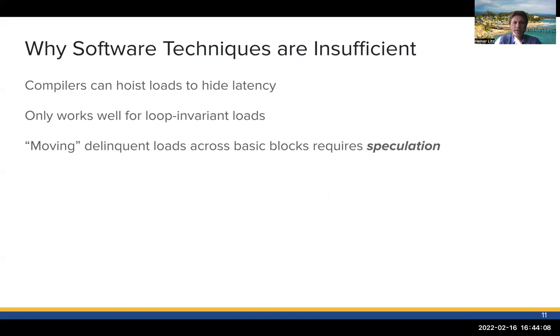The reason is that they need to be pessimistic without reordering loads across basic blocks or loop iterations. To do so, you really need hardware speculation mechanisms such as branch prediction and the option to flush misspeculated instructions. As a result, hardware techniques are needed to get the full benefit of instruction reordering.